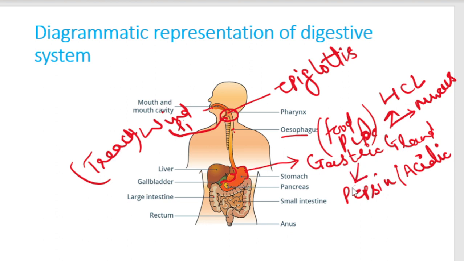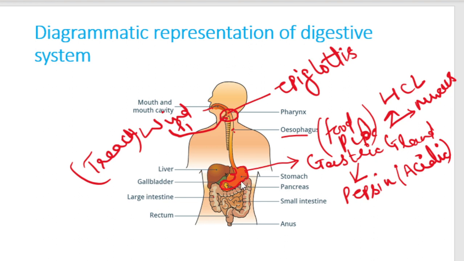This pepsin is also secreted by gastric glands, and works efficiently only under acidic conditions. This is the process inside the stomach.